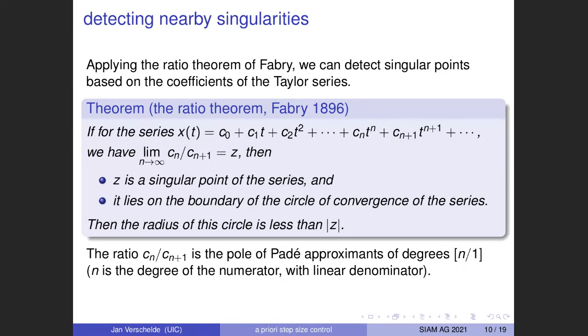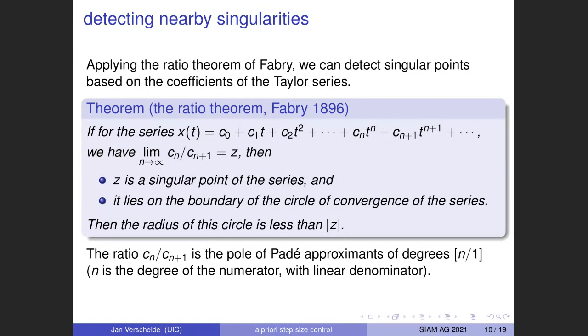So why Taylor series? Well, we are at regular points, no singularities. So we assume that the Taylor series is unique and well defined. So then also this ratio is well defined.